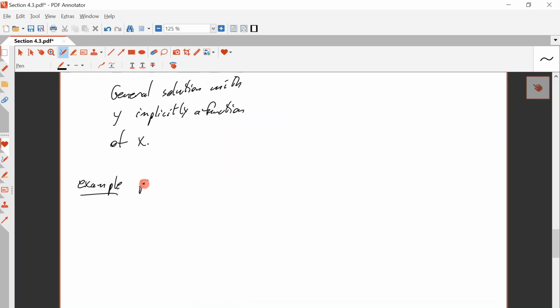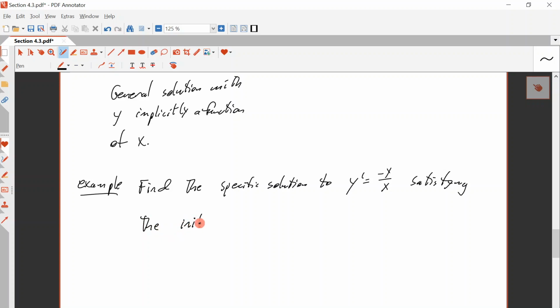When you're asked to find a specific solution, so find the specific solution to y prime is minus y over x, satisfying the initial condition y of 1 is equal to 1.